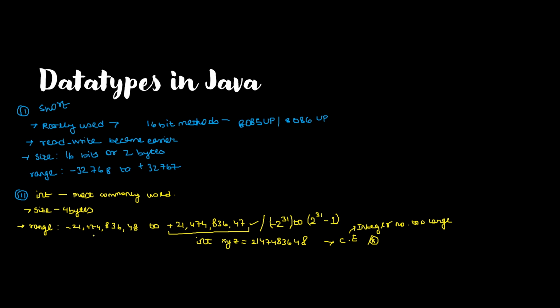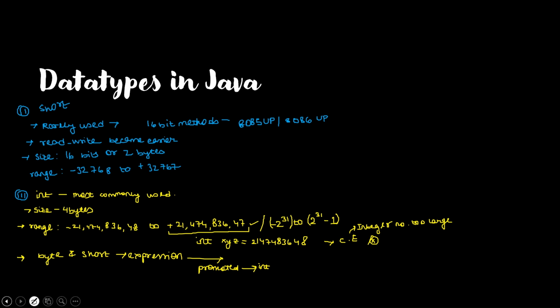All right. Although you might think that using a byte or a short would be more efficient than using an int in situations in which the larger range of an int is not needed, this may not be the case. Here's the reason why. When byte and short data types are used in an expression, they are promoted to the type int automatically by the Java compiler when the expression is evaluated.